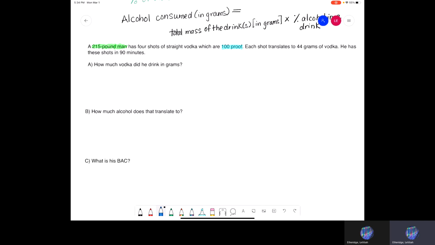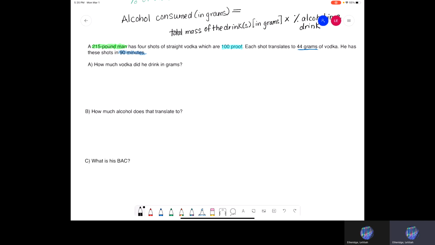Now this one makes it a little bit easier for you. It tells you that each shot of vodka is equal to 44 grams of vodka. And then it says that he has all of these shots in 90 minutes. So you remember you're going to need to take into account time. The very first question asks you, how much vodka did he drink?